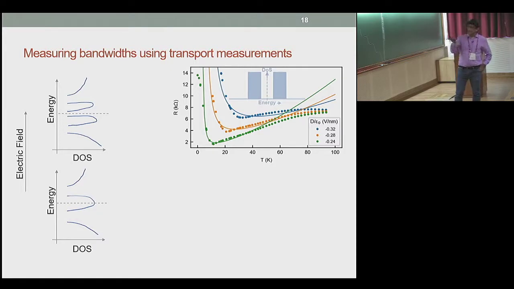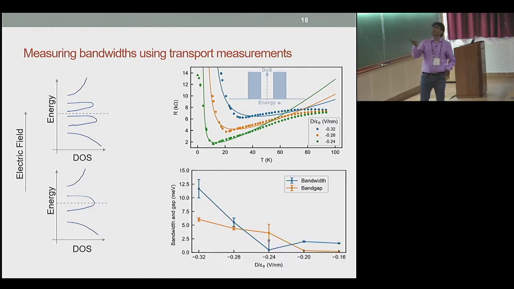As long as we have two flat bands, we can model the system in a simplistic but, I think, powerful way. Two flat bands which have a simple parameter to describe their existence. Now, using this, we can fit and extract out the bandwidths and say something more meaningful. And these are all measurements done as a function of electric field, temperature, and density.